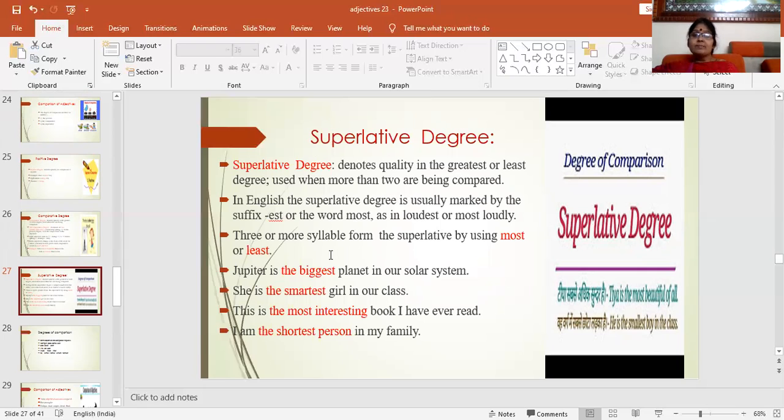Three or more syllables form the superlative by using most or least. Let us look at some examples. Jupiter is the biggest planet in our solar system. She is the smartest girl in our class. This is the most interesting book I have ever read. I am the shortest person in my family. So these are all superlative degrees, right?